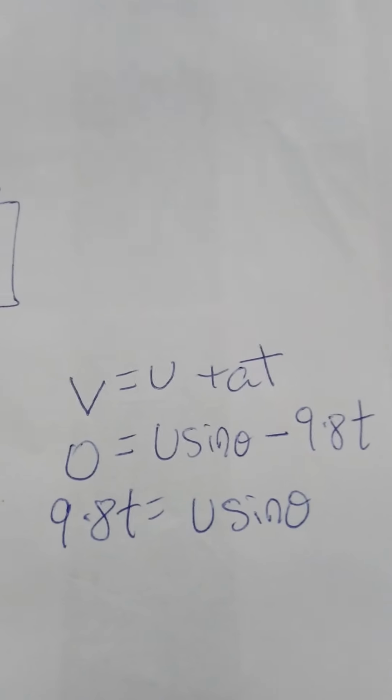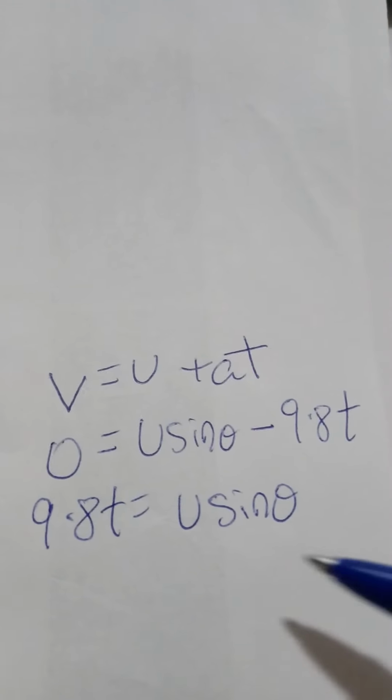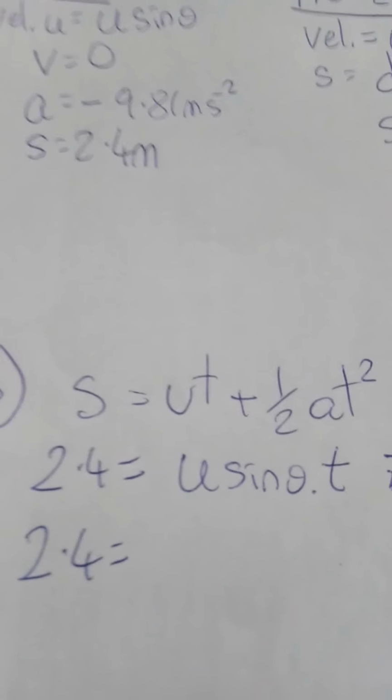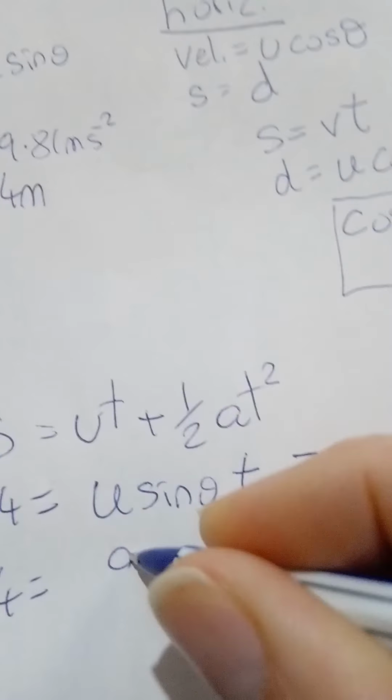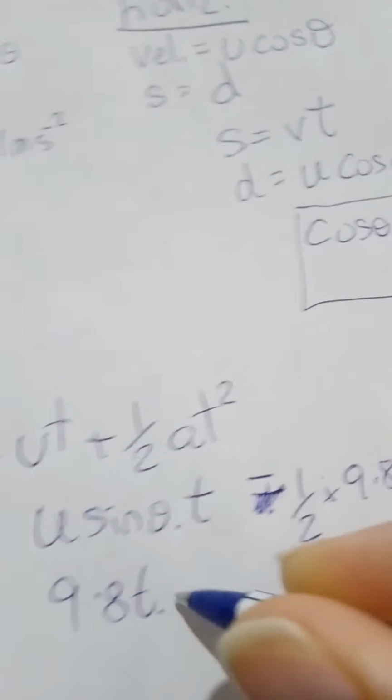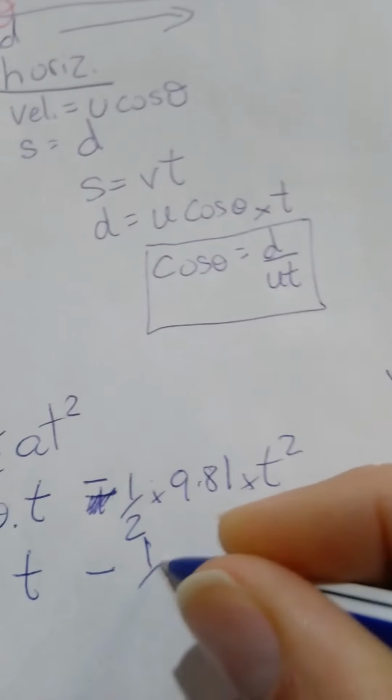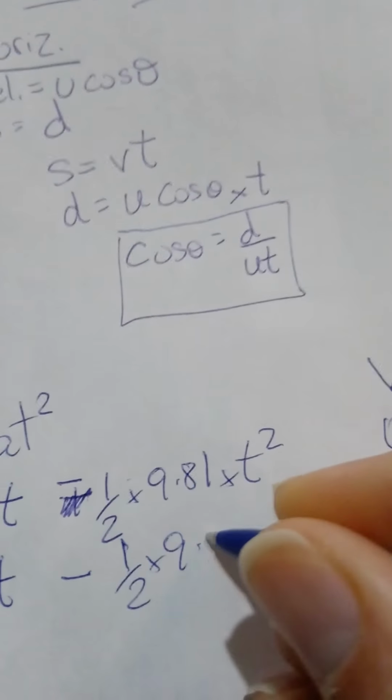And now we've got u sine theta, which I can also use for this part of the question. So going back here, instead of u sine theta, I'll write 9.81 t multiplied by t minus half times 9.81 t squared.